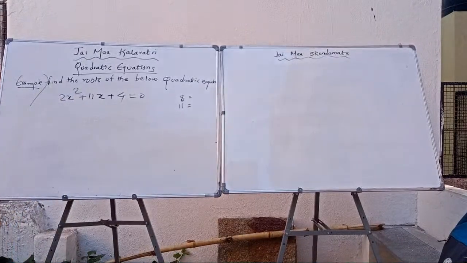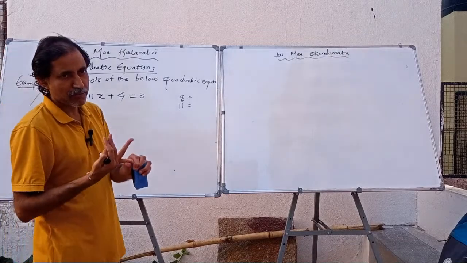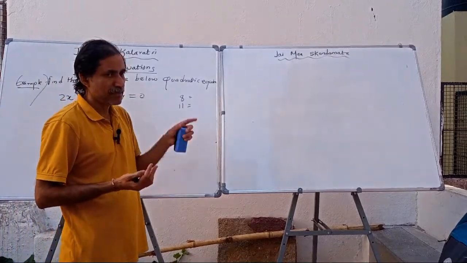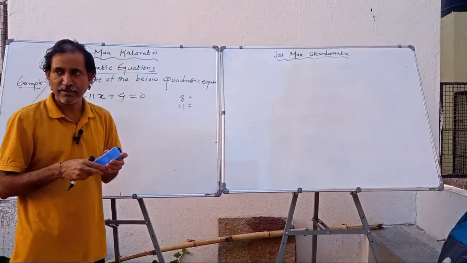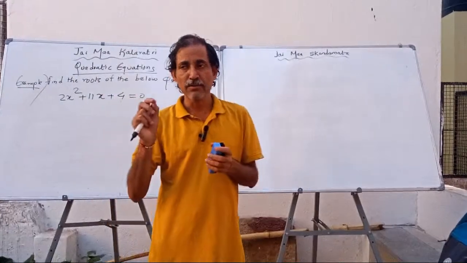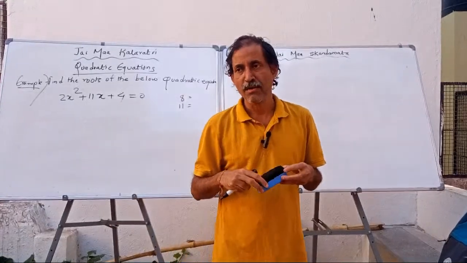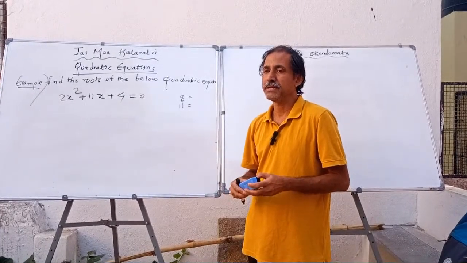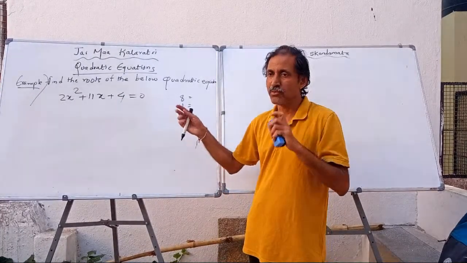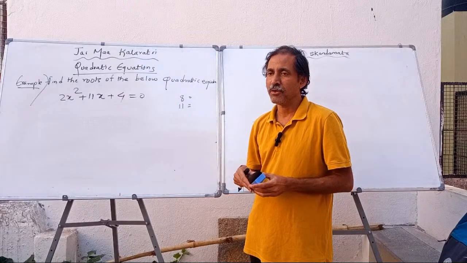See, first we did the trial and error method, which may not work always. Then we said the factorization method. We tried one problem, but we may not get the answer because the values are not integers. If it is an integer, we will definitely get it, but the roots may not be integer values. X may be 13 by 2, 1.5, 7.2.